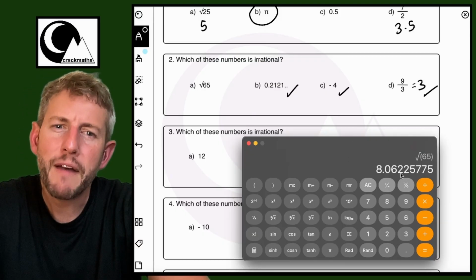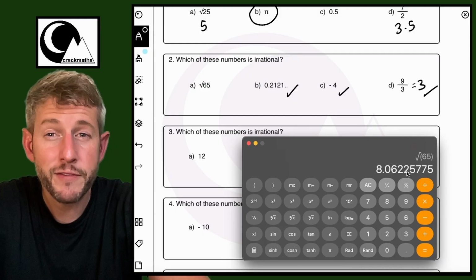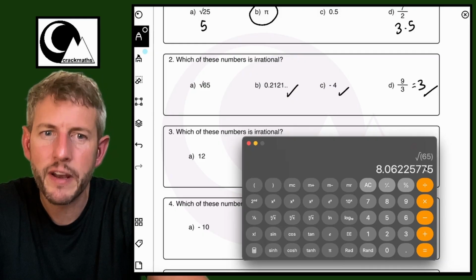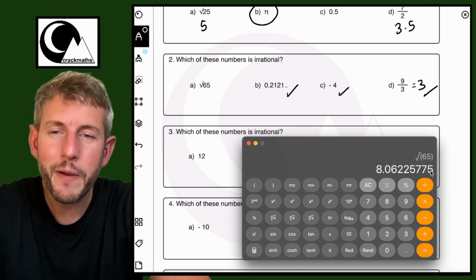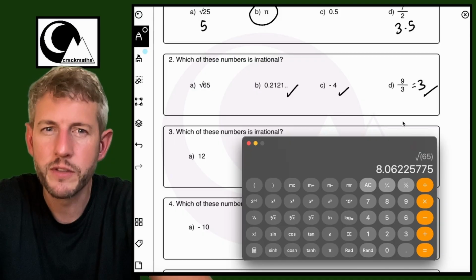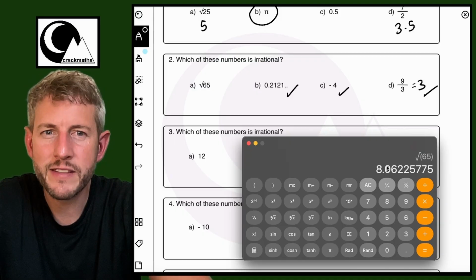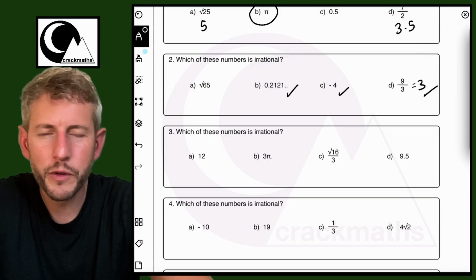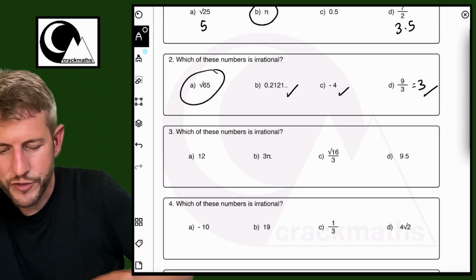After this 2 is a 2, but after this 2 is a 5. After this 7 is a 7, and after this 7 is a 5. We can't predict what number is going to come after the next one. So therefore, root 65 is an irrational number. Let me move that away and we'll continue on.